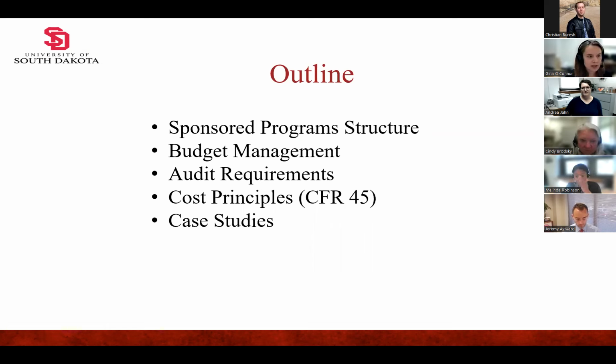For budget management, we got together and compiled all of our encompassing tips and tricks when it comes to how to best manage your grants. We will also cover audit requirements and cost principles using the Code of Federal Regulations.